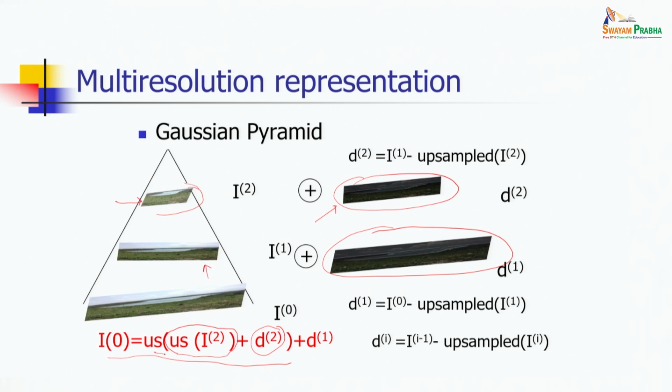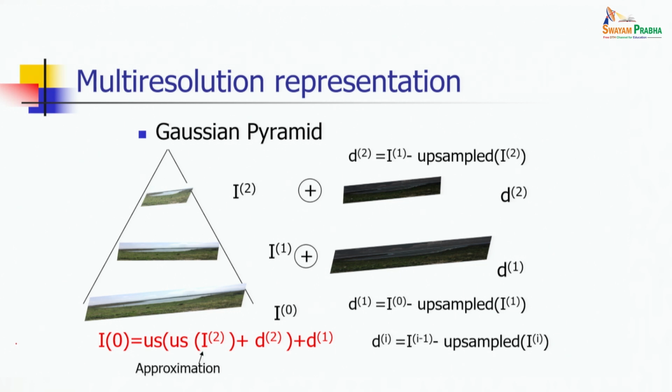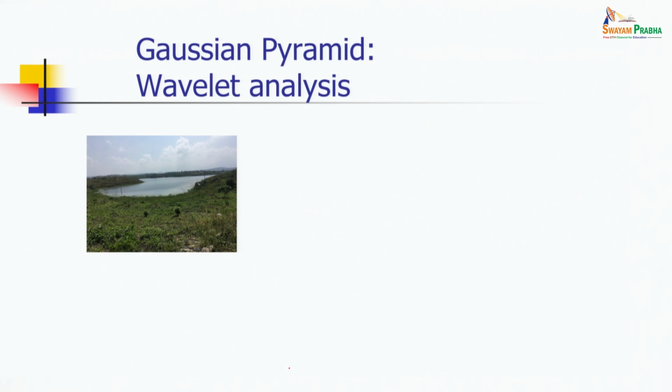Then I will upsample I1 and add the details, which will give me the original image. And as I mentioned, I2 is called the approximation and both D2 and D1 are called details.